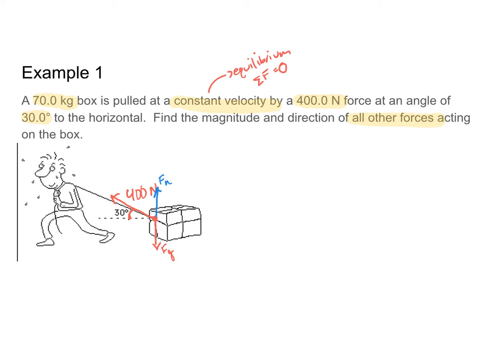Finally, something must be balancing out the forward horizontal motion of that applied force, and that force must be the force of friction, since it is parallel to the surface the box is being pulled across and is resisting that change in motion. So these are our 4 forces acting on our box. And let me draw that 30-degree angle in as well.